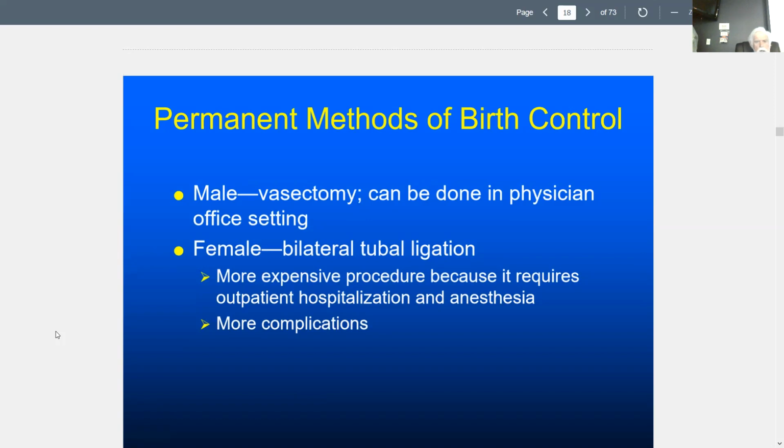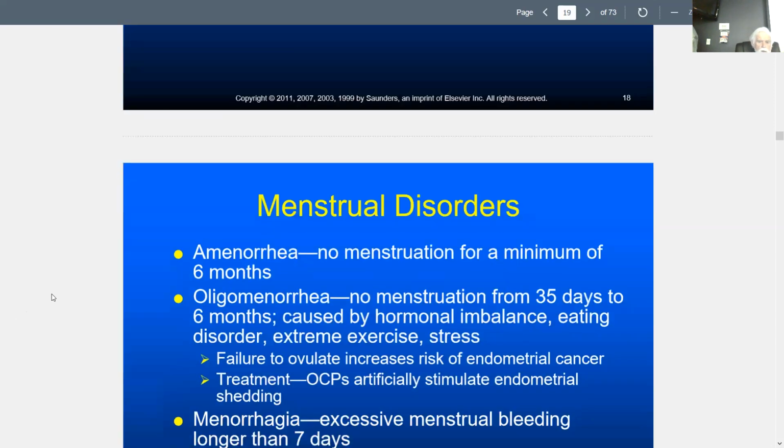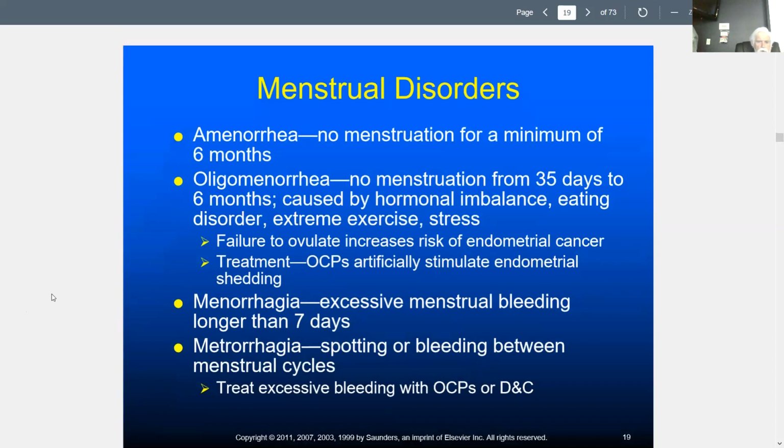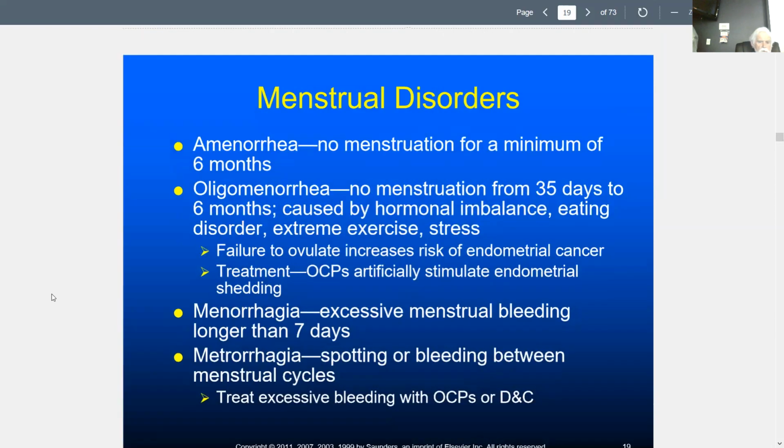So anyway, we have permanent methods as well. I mean, vasectomy, and we talked about this, or ligation, or other approaches. Obviously, an important part of the female cycle is menstruation. There are many disorders of that, just like anything else.